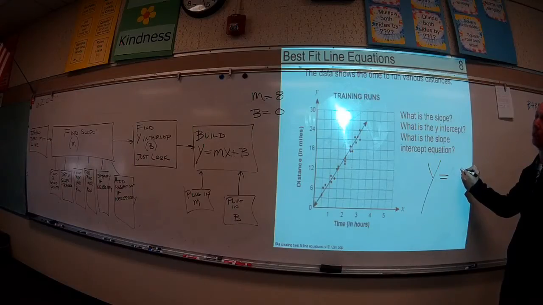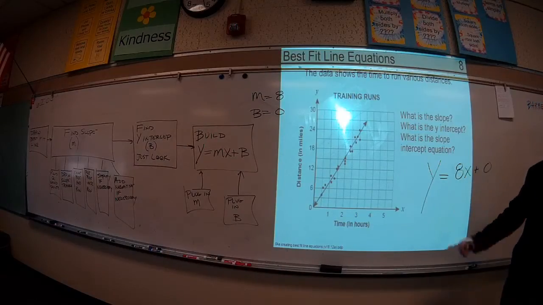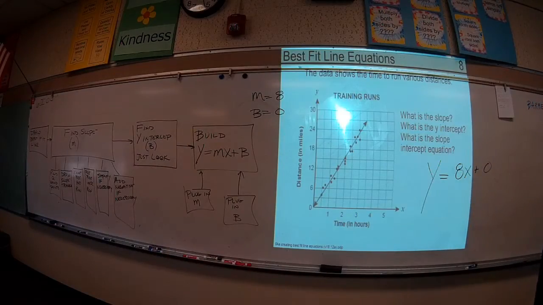Nope. Which M? Plug in the M. Equals X plus 0. You wouldn't need the 0 though. You could drop off the 0. Y equals 8x plus 0. Y equals 8x.